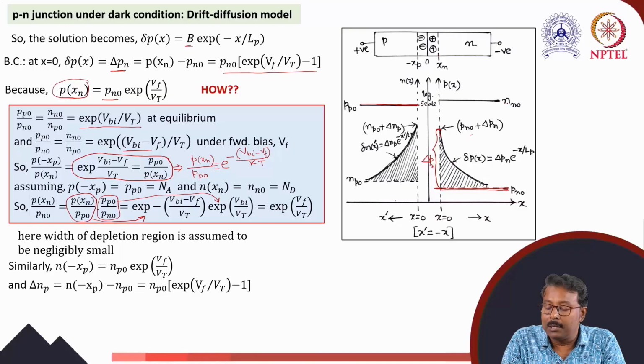Suppose majority carrier concentration is of the order of 10 to the power 17 per centimeter cube, and equilibrium minority concentration say 10 to the power 6 per centimeter cube. After injection, it may reach 10 to the power 10, 10 to the power 11 per centimeter cube, but which is still less than the majority carrier, that is 10 to the power 17 per centimeter cube say.